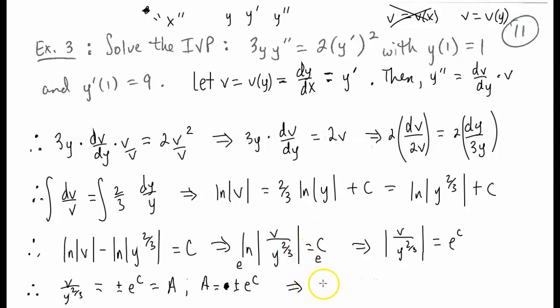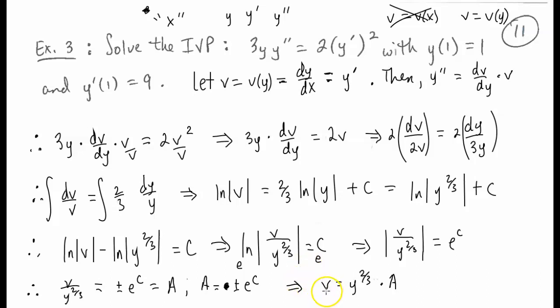And thus, this means that v is going to be y raised to the 2/3 times a. And that's what we want because we wanted to be able to solve for v, okay?